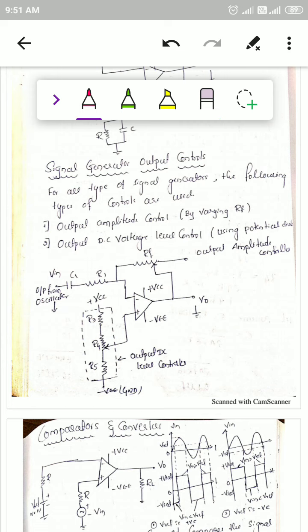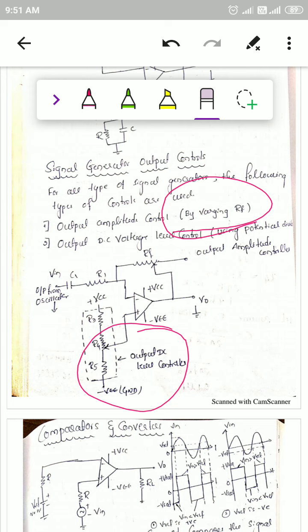So to control the amplitude of the signal, vary the feedback resistance RF, and to vary the DC voltage, vary the potentiometer. This is the additional setup for the signal generator output control methods.